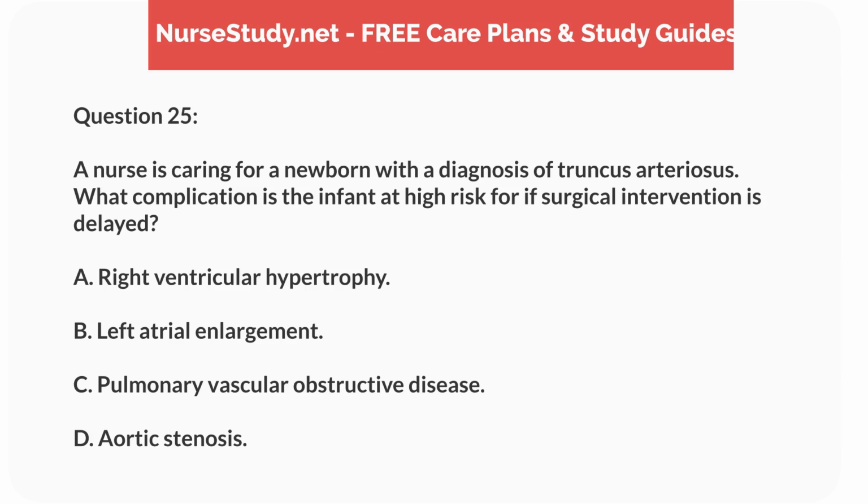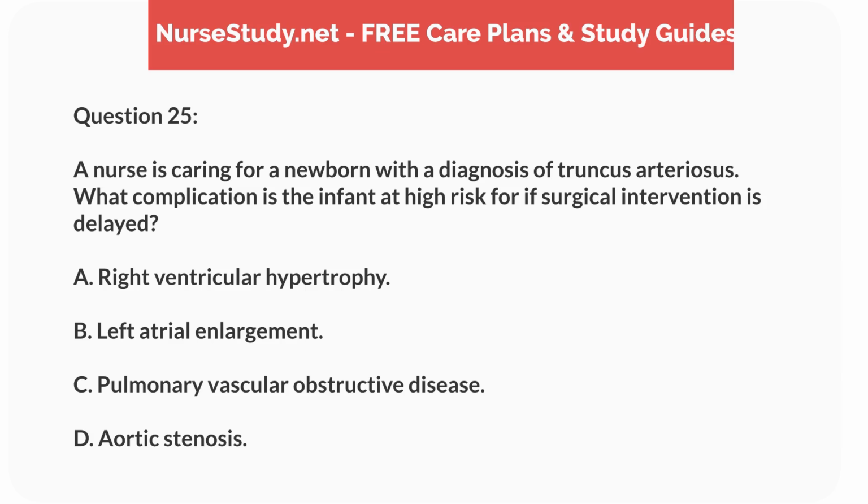Question 25. A nurse is caring for a newborn with a diagnosis of Truncus arteriosus. What complication is the infant at high risk for if surgical intervention is delayed? A. Right ventricular hypertrophy. B. Left atrial enlargement. C. Pulmonary vascular obstructive disease.